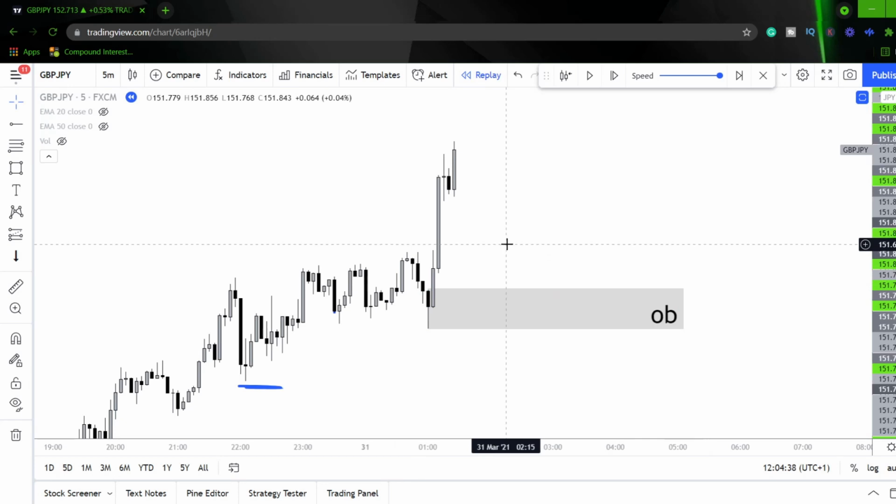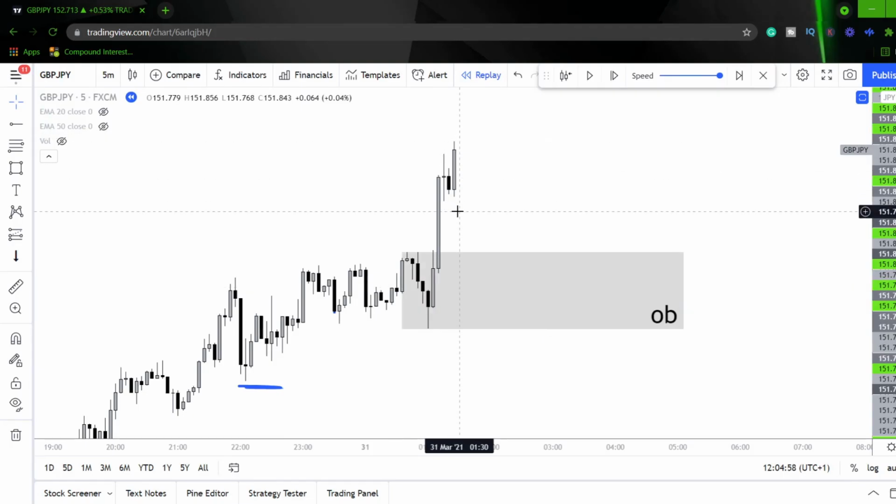Now, that's not necessarily wrong, okay? It can be. Obviously, that can be the case, okay? It can be a last down candle before an up move.